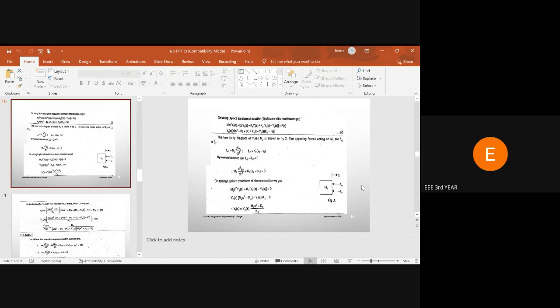Next, split the terms into Y2 of s and Y1 of s, then finally we get Y1 of s equal to Y2 of s into m2 s square plus k2 divided by k2.